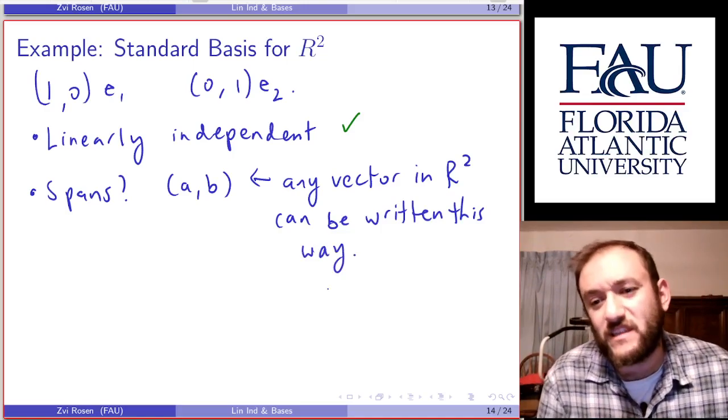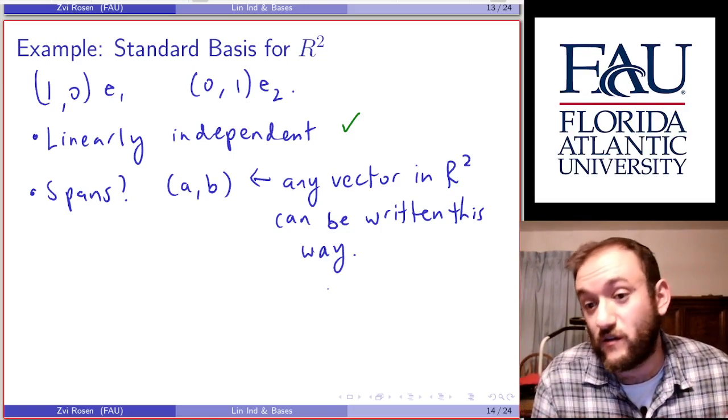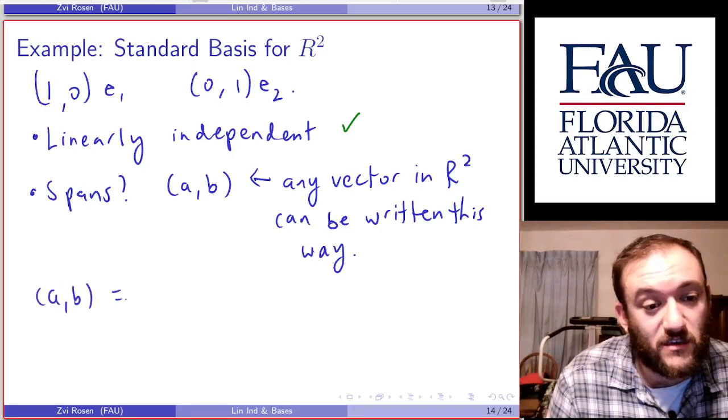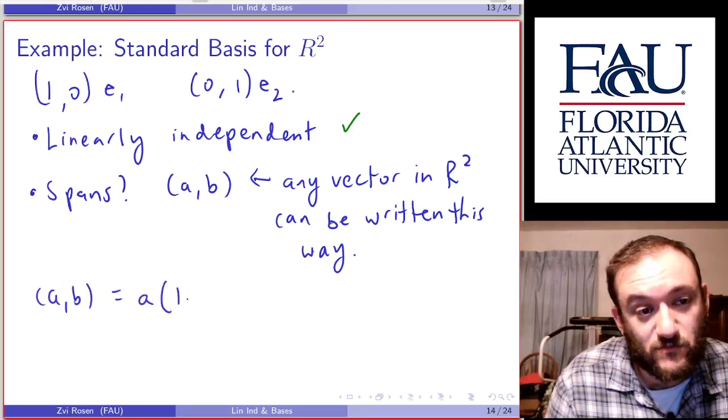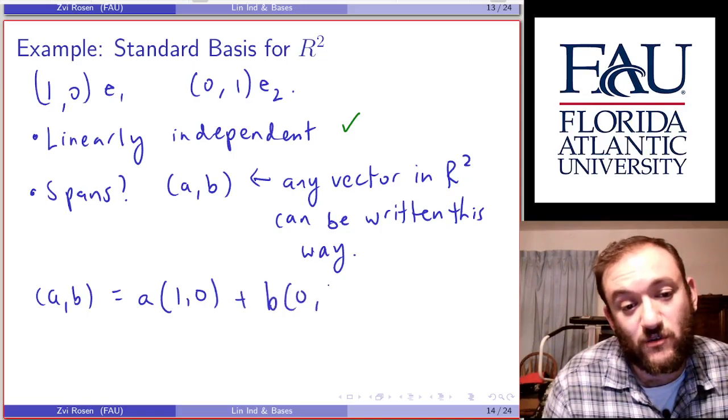Well, then once we have it in this form, it's quite easy to see how to cook it up using our basis vectors. You just take (a, b) and reduce it to a times (1, 0), or E1, plus b times (0, 1).